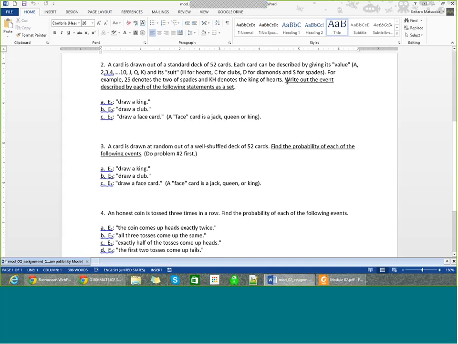Okay. Write out the event described by each of the following as a set. So, for example, from my shuffled deck of cards, I pull out a card. What does it look like if it's a king? Well, king could be either hearts, clubs, etc. So you just have to fill out the rest.